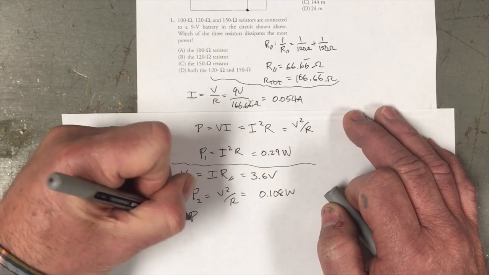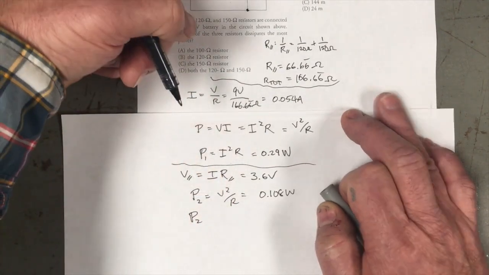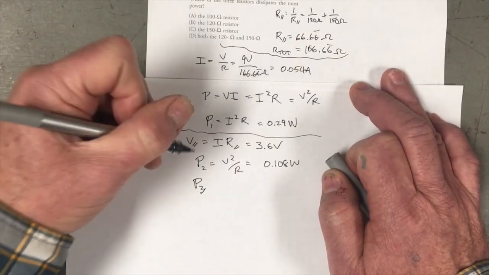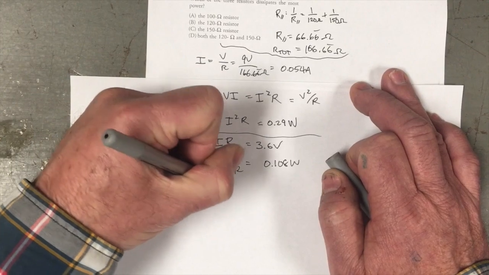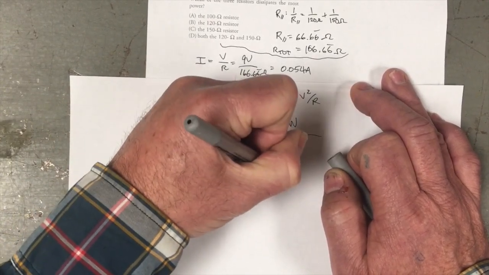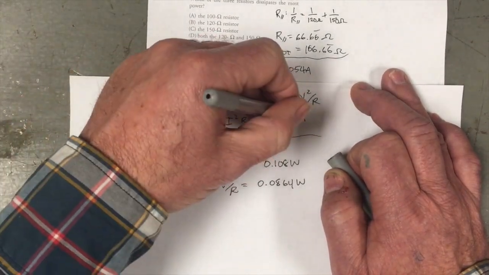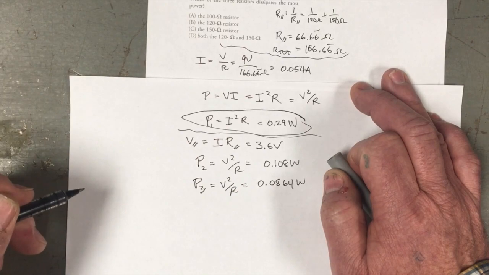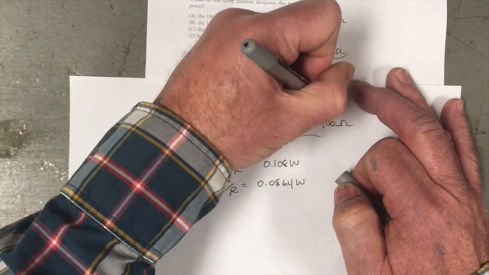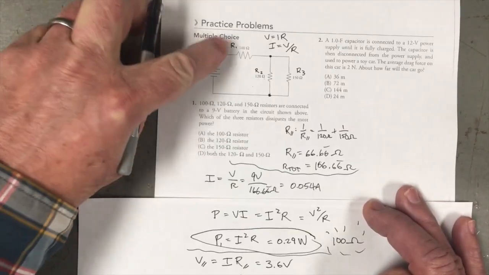And when I squared 3.6 and divided by 150 for the third resistor's power, I got 0.0864 watts. So the answer to the question, which one has the greatest power dissipated, would be the 100 ohm resistor, because that's resistor 1 in my naming scheme.